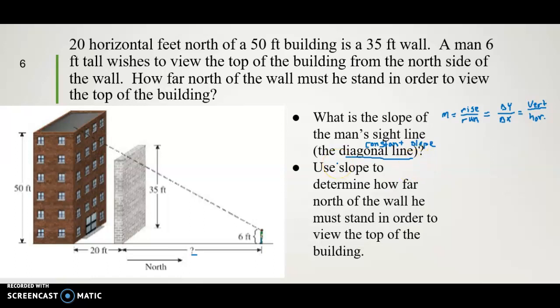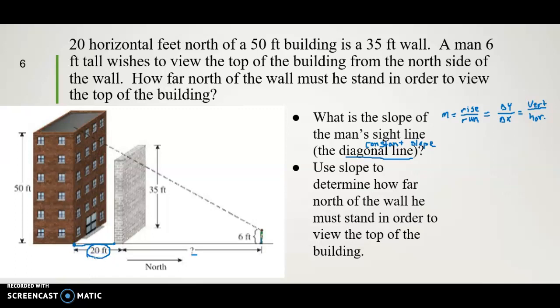So when I look through this picture over here, I have to come up with a place where I know a distinct horizontal change and a distinct vertical change, and I can use them together to figure out the slope. So right here, I know that if I start at the wall and I move over this direction to the building, that I have gone 20 feet.